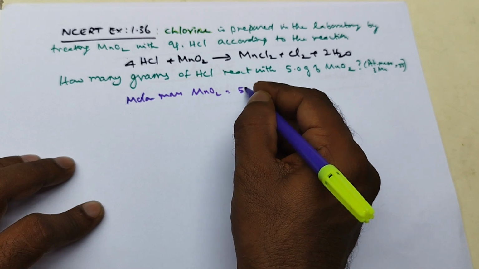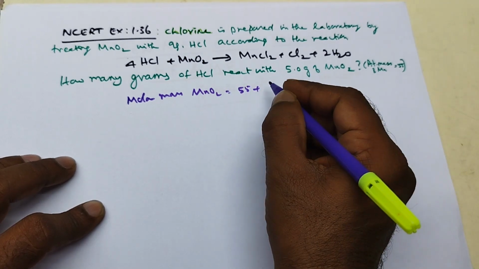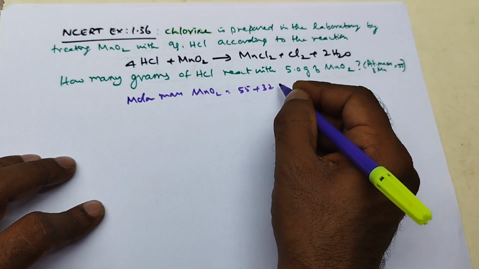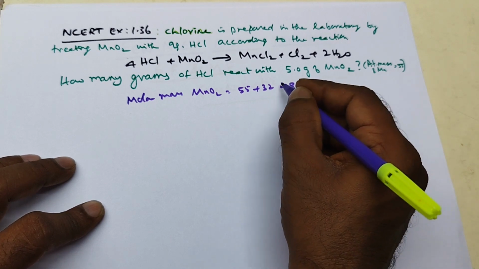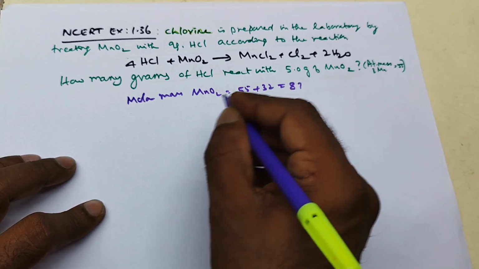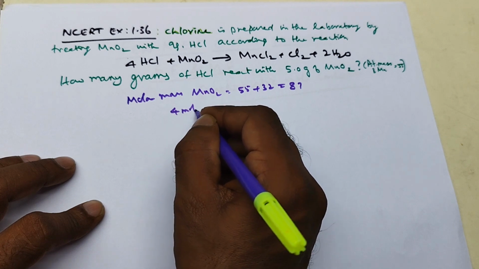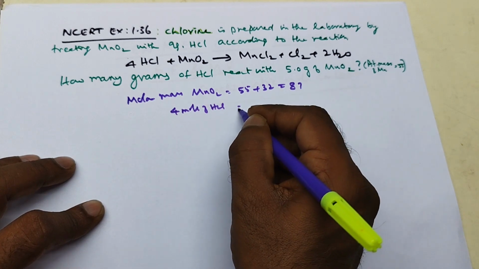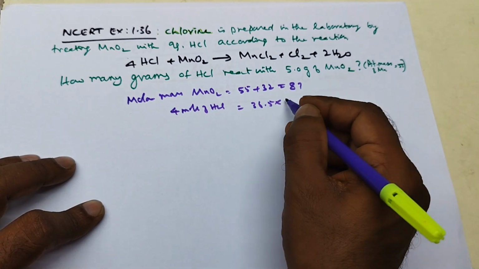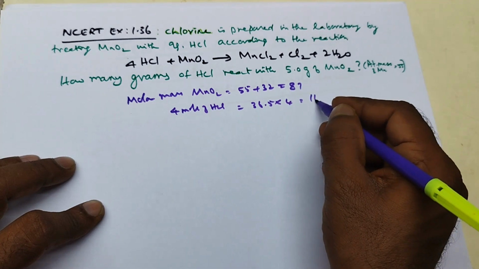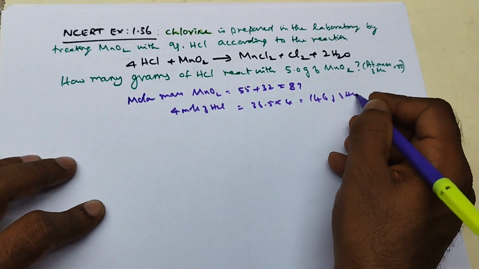Mn is 55 and oxygen is 16, so 2 oxygen is 32, we get 87. And 4 moles of HCl: 1 mole of HCl is 36.5, into 4, we get 146 gram of HCl.